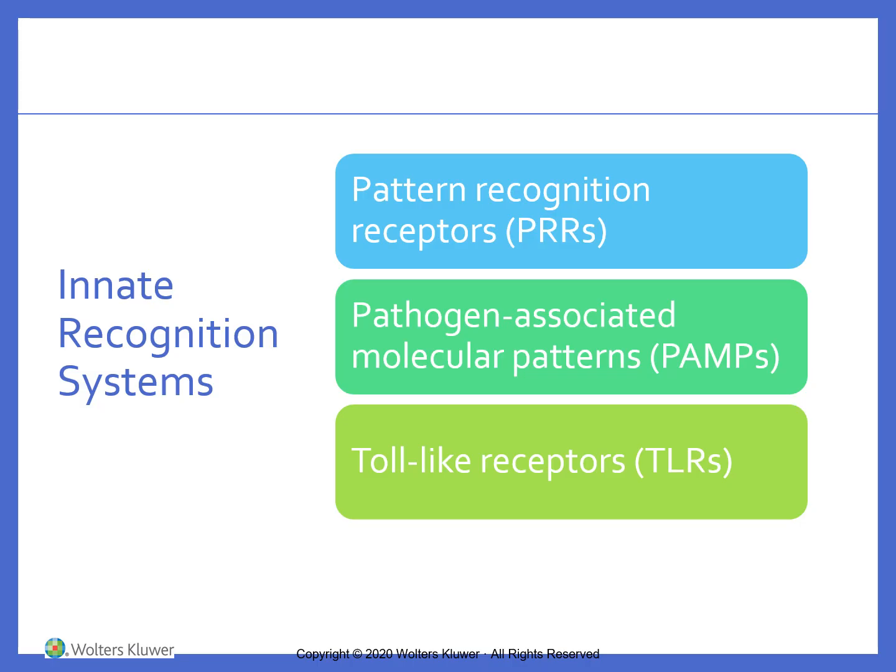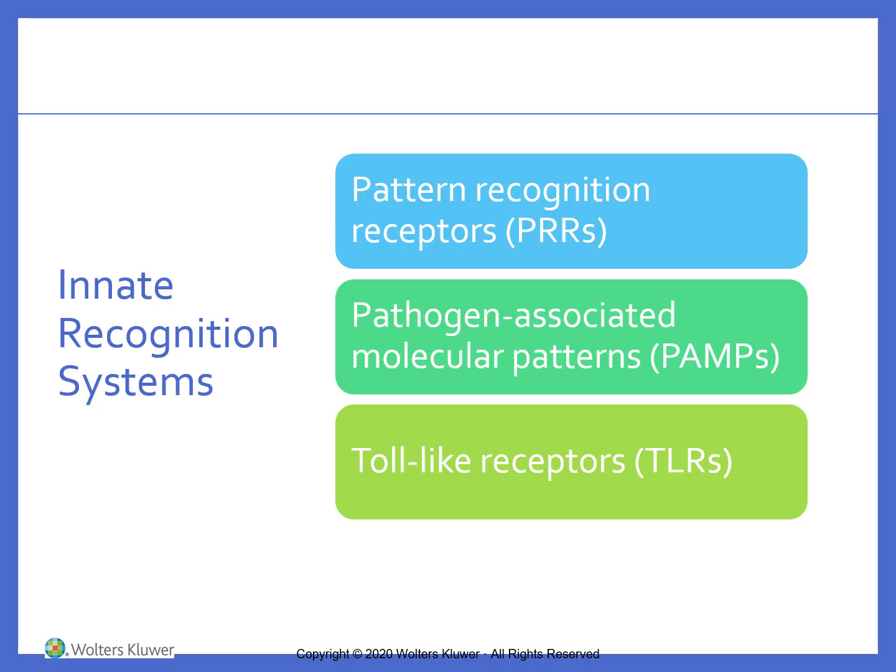They are what we call host sensors, so sensors on the host cells. Invading pathogens contain structures in their cell membranes called PAMPs, or pathogen-associated molecular patterns. And those PAMPs are recognized by the cells of the innate immune system.